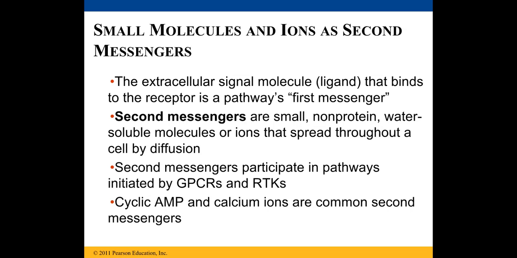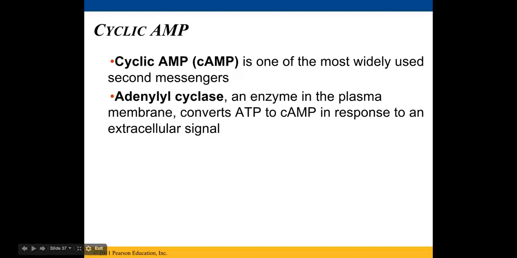Sometimes they are initiated by the G protein receptor or the receptor tyrosine kinases to start. And the two that are very common second messengers are cyclic AMP and calcium ions. We're going to look at cyclic AMP first because it's the most widely used.